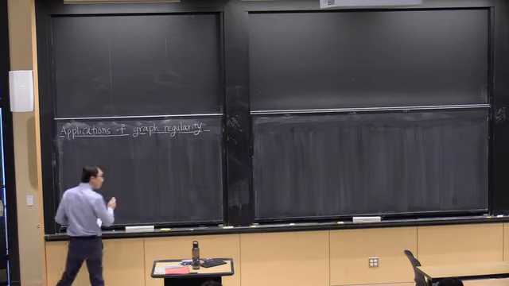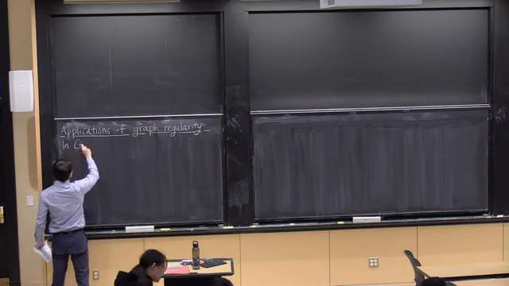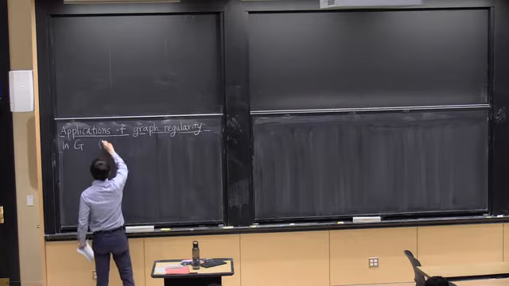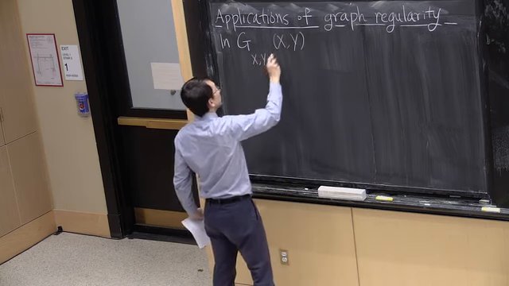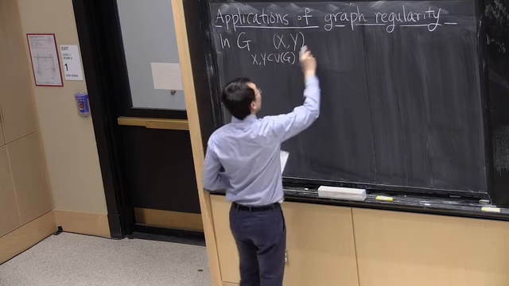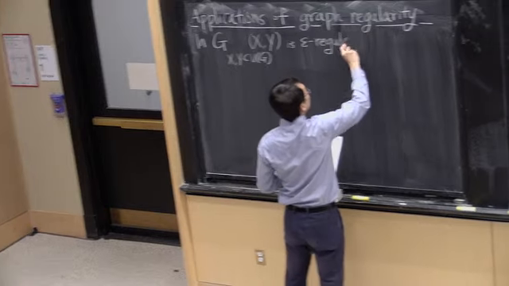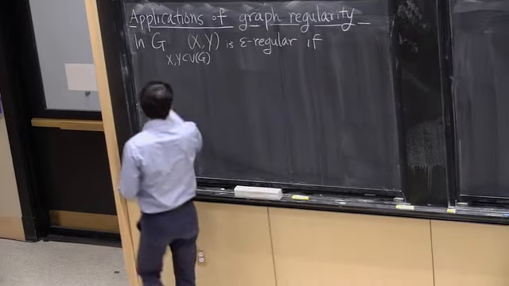First, let me remind you the regularity lemma. We're always working inside some graph, G. We say that a pair of subsets of vertices is epsilon regular if the following holds.